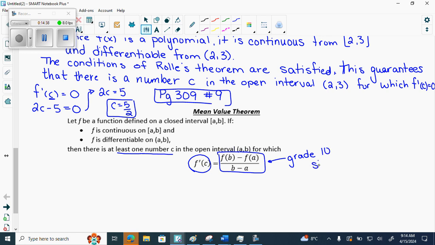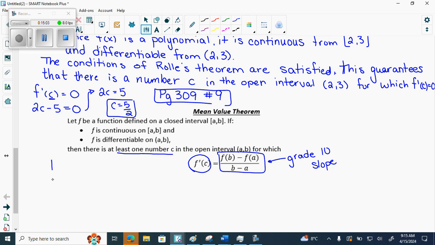That is grade 10 slope. So the mean value theorem states that if the graph is a continuous function and it's differentiable, and I have two endpoints, correct? And I find the slope of those two endpoints, there will exist a tangent slope somewhere on the graph between those two endpoints that is the same answer.